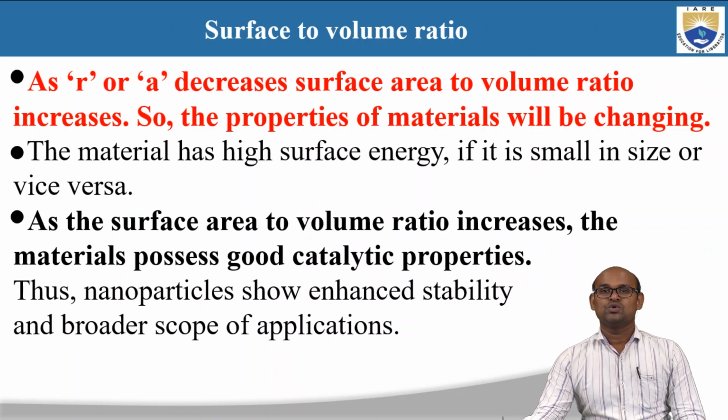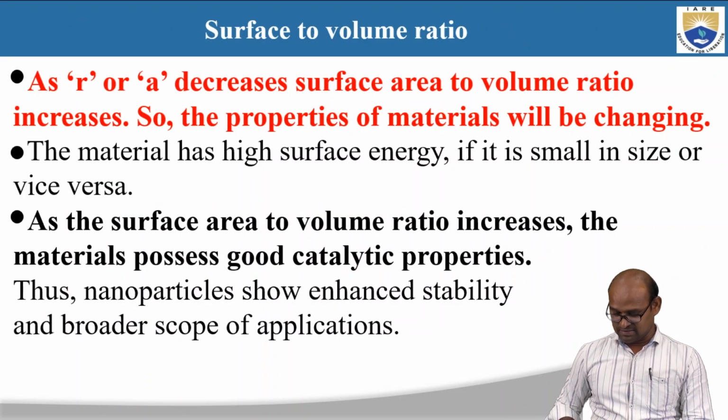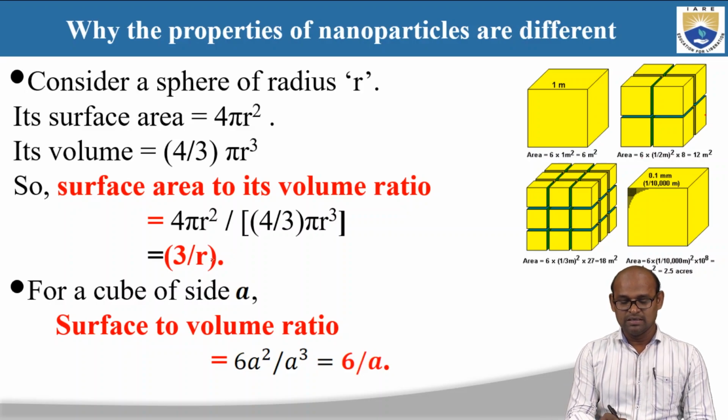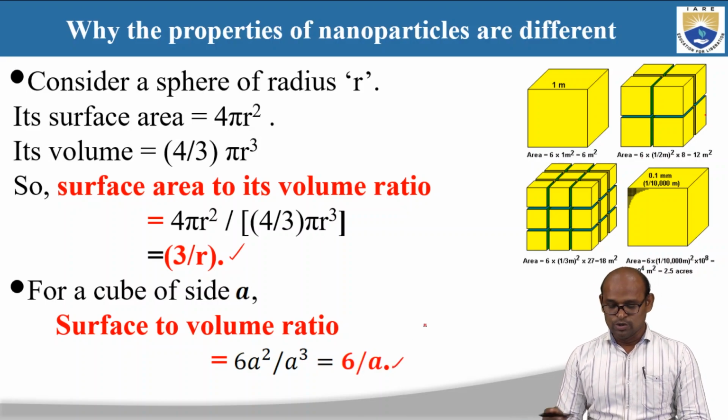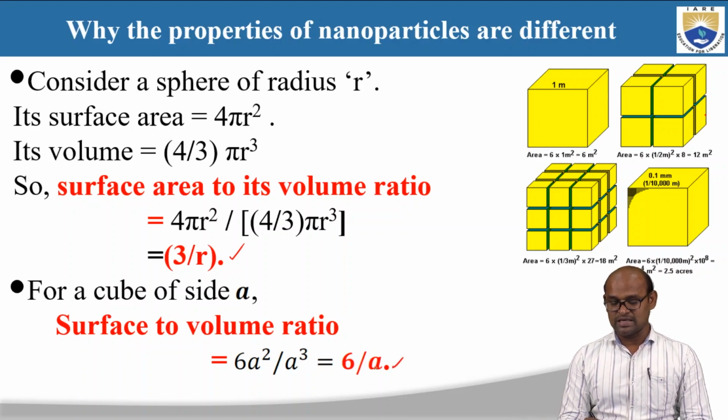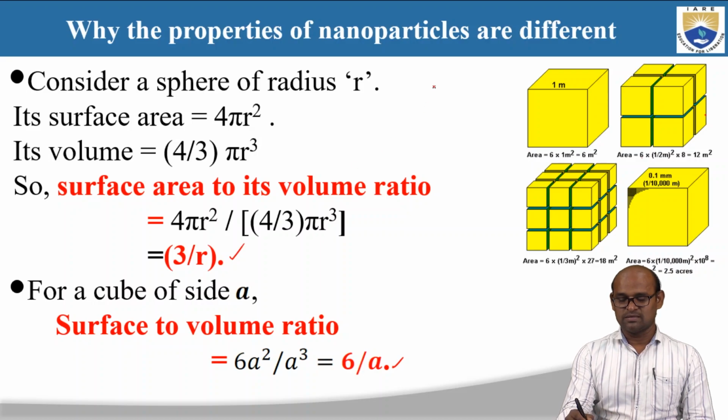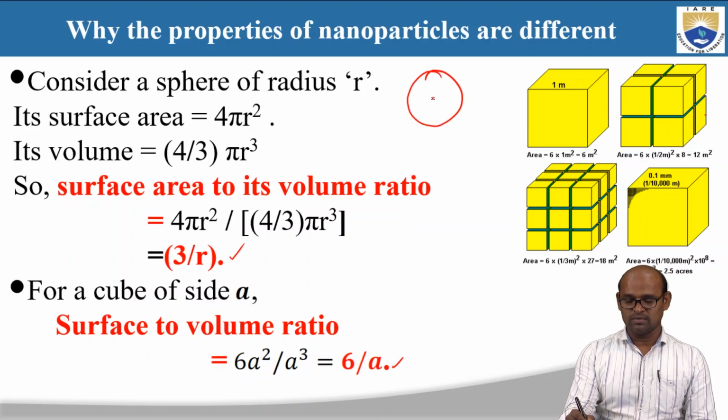Now, as R or A decreases, we can clearly see R is in the denominator for the sphere and A is also in the denominator for the cube. So as we reduce the size, the surface to volume ratio increases. First we take a large sphere, R is more.